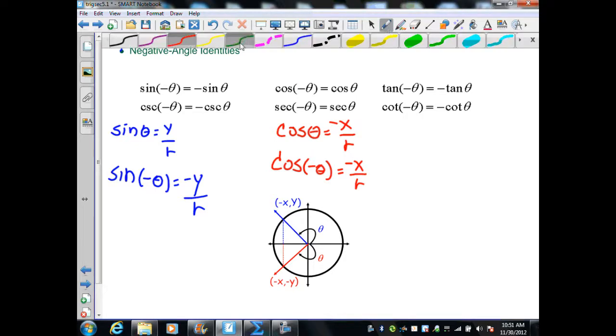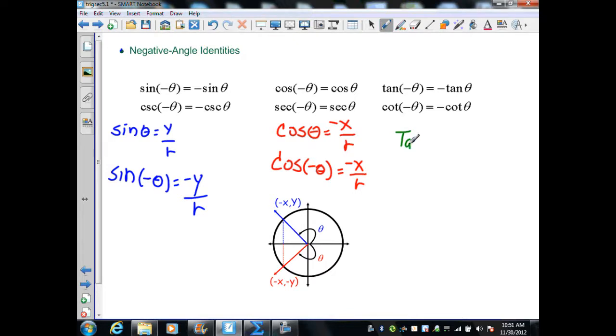For our tangent, we can have tangent negative theta equal to, and I know that it is sine negative theta over cosine negative theta, which is a previous identity.